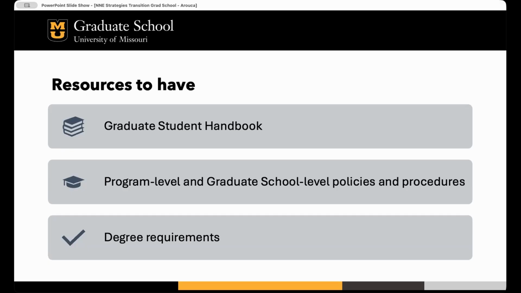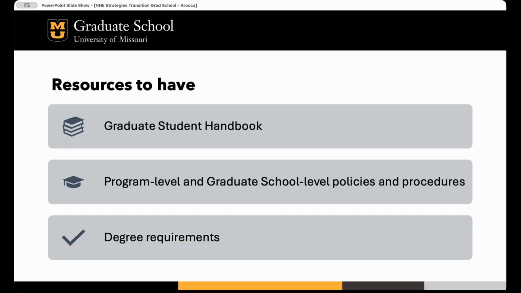And I do say program level and graduate school level. Typically the graduate school level will provide you with the minimum requirements that they will have. And the program level usually will be things that the program specifically wants you to have. They will not contradict one another. So if they do, you have to talk with people at the program level and the graduate school level to unravel that.